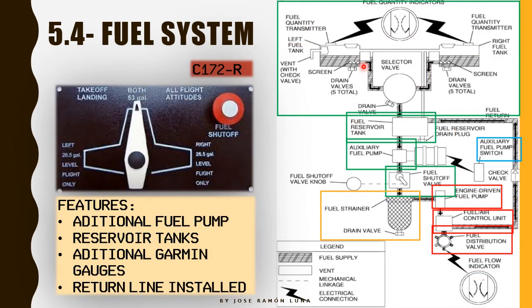We have the Cessna 172 Romeo that features an additional fuel pump, reservoir tanks, really important as we said before, a really nice improvement, additional Garmin gauges, we talked about them, and a return line. Remember why? Because the engine doesn't use all the fuel we throw at it, it only uses a part, so the part that is not burned, we are not going to throw it away, we're just going to put it back into the fuel reservoir tank.